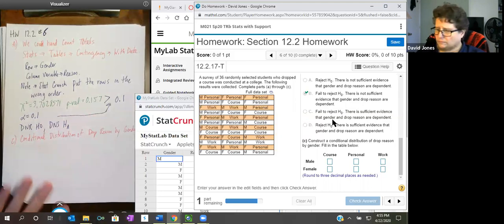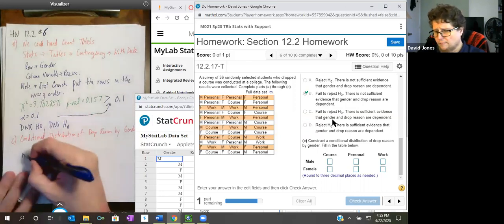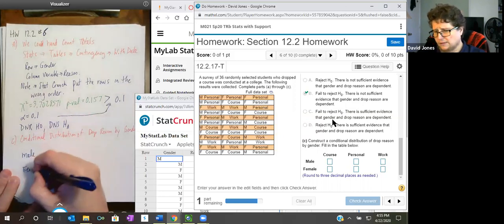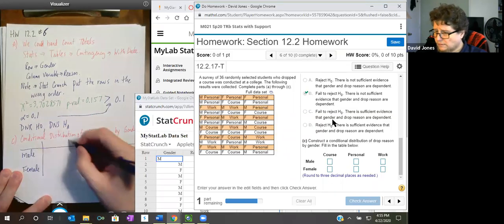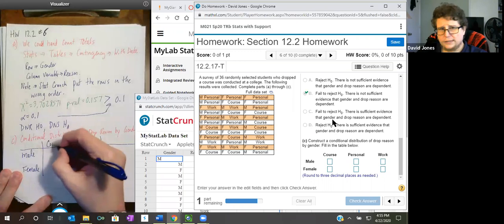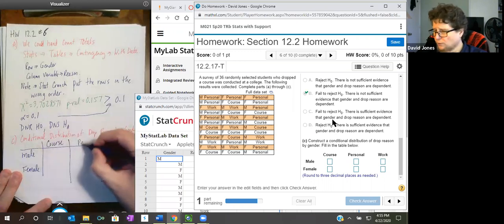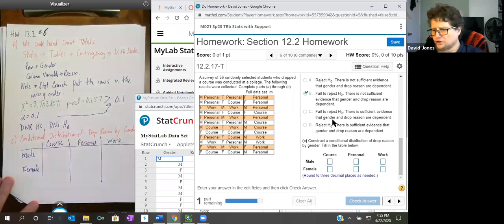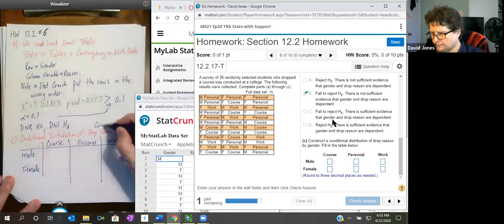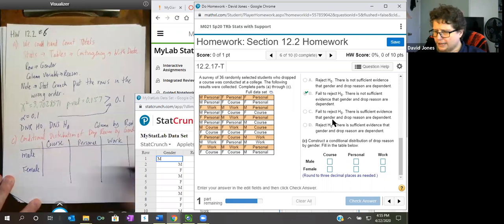So we had male, female, course, personal, and work. Here, gender is the row, reason is the column. This is column by row. We want each row to have 100% at the end.